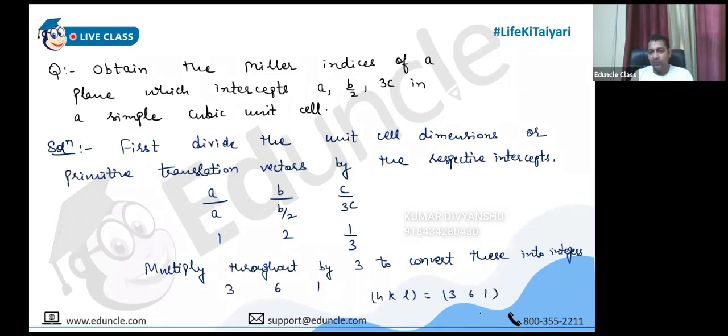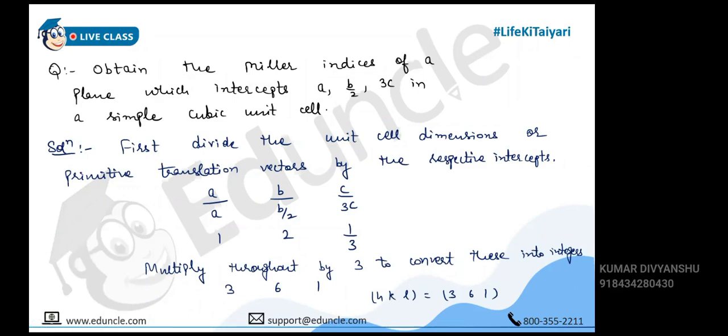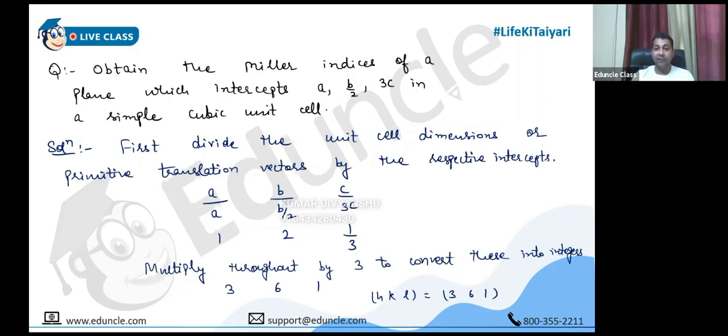Anyone having any doubt regarding the calculation of Miller indices or what Miller indices are? Please tell. Sir, are the A vector, B vector, and C vector in any direction, or are they along the coordinate axes that we consider? They will be along the mutually perpendicular axes, X, Y, Z. They cannot be in any random direction.